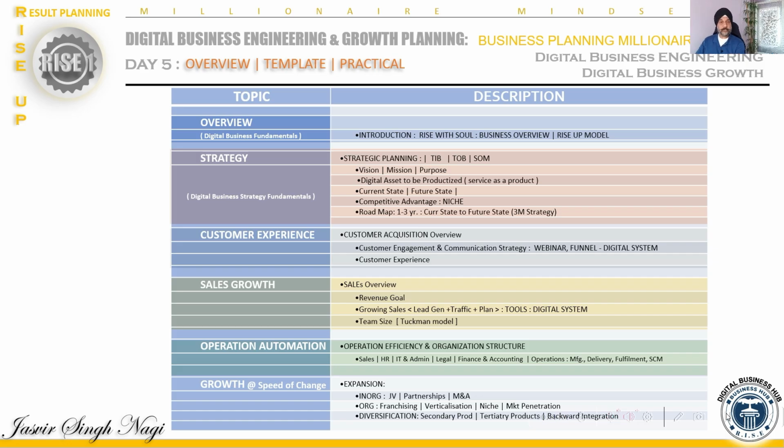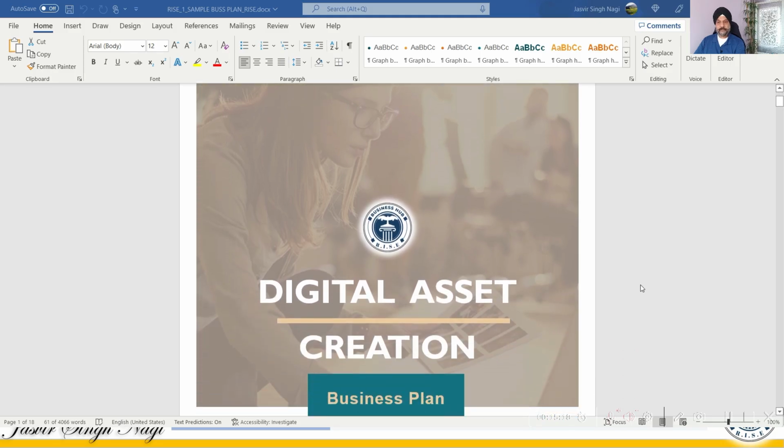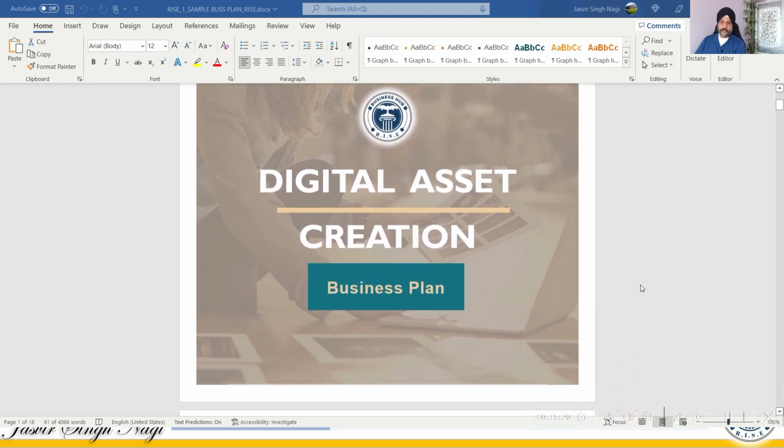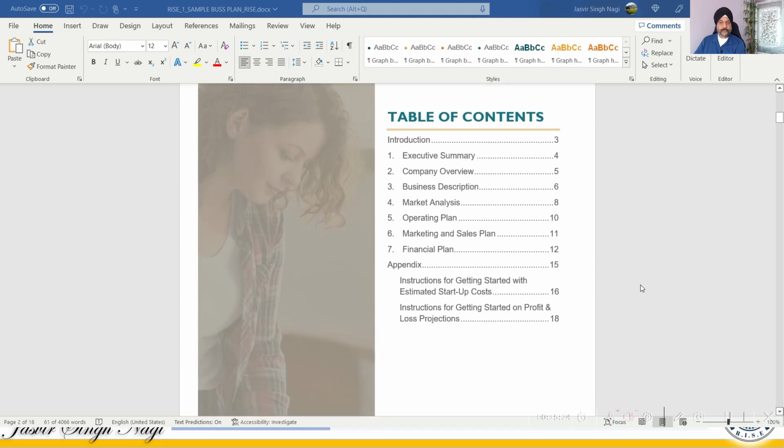Okay. So let's see the first template of a business plan that you will be filling. You can write the topics and headings the way you want. The table of contents is as follows. You write an executive summary, which is a short overview.